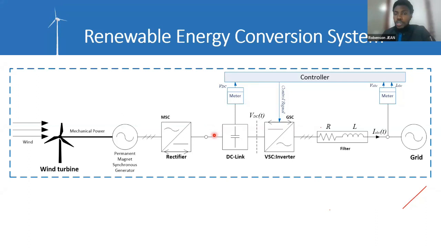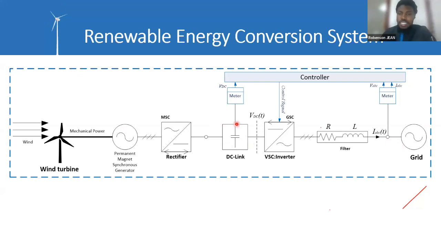So in order to deal with the ripple, we use this DC link that is like a buffer. So this buffer will help also to reduce those kinds of problems, because if we do not bring a solution to this problem, after this side, we will have a lot of harmonics, and this is not permitted to send to the grid.